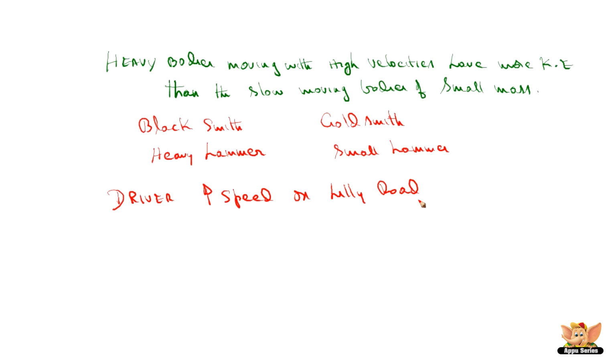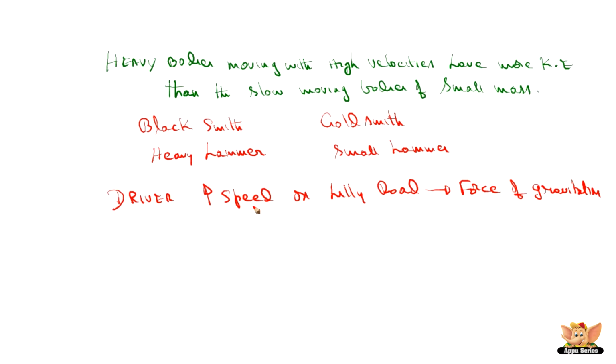Why? Because on a hilly road, you will have the force of gravitation also acting, in addition to friction of the road and air resistance. So more work has to be done on a hilly road compared to a flat road.